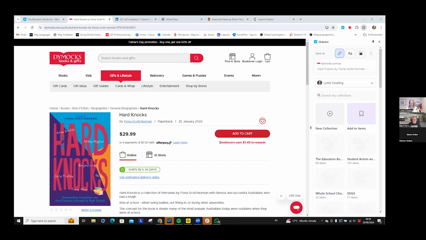It felt like it was light for two reasons. It was quite big print, which we always love, and I always love a bit of big print, it makes it feel like an easy read. But it also is just three or four pages per famous Australian person about their time in school.